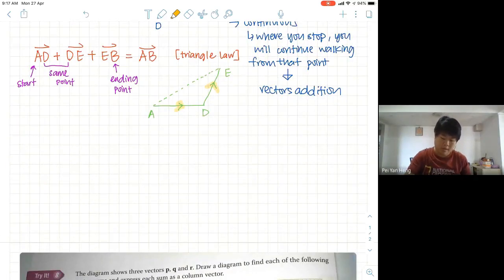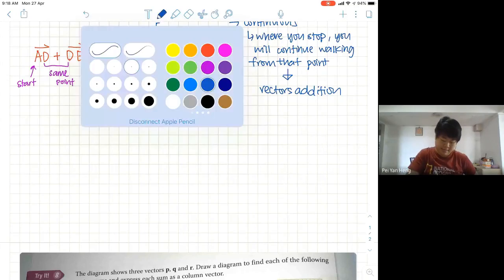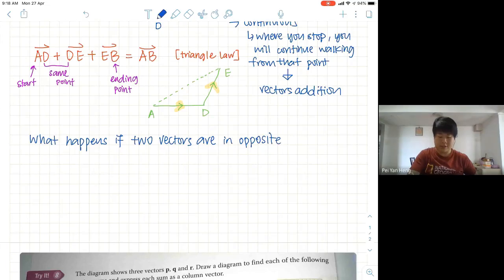So what happens if two vectors are in opposite direction, or heading or going towards each other?